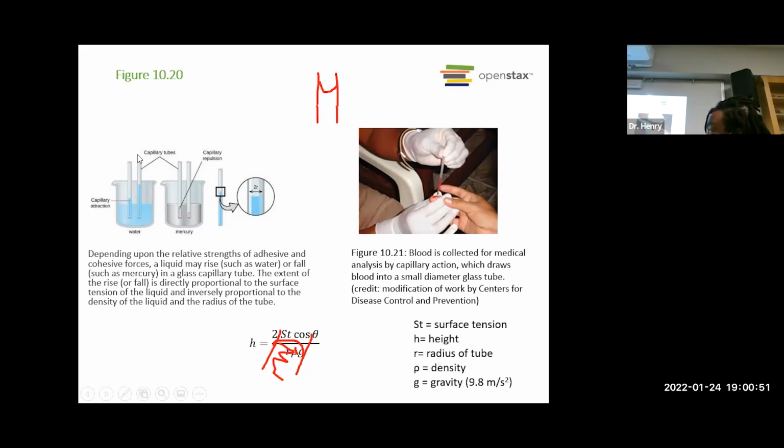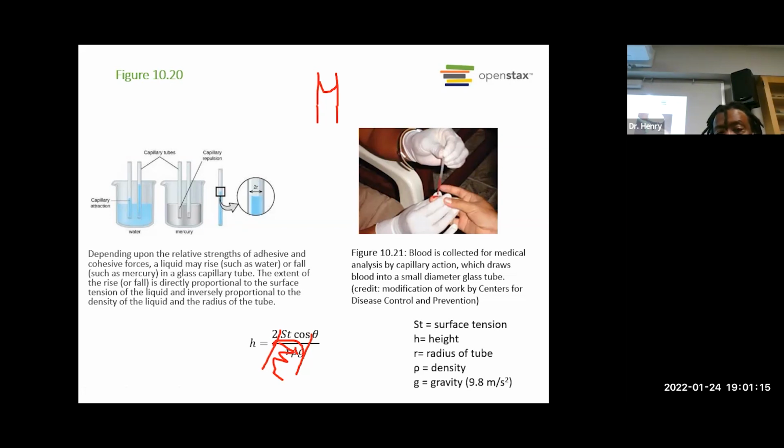Here we have water, and the water is rising up the tube, where in the case of mercury, it's capillary repulsion, right? Because we know that the mercury itself is going to have a stronger cohesive force.